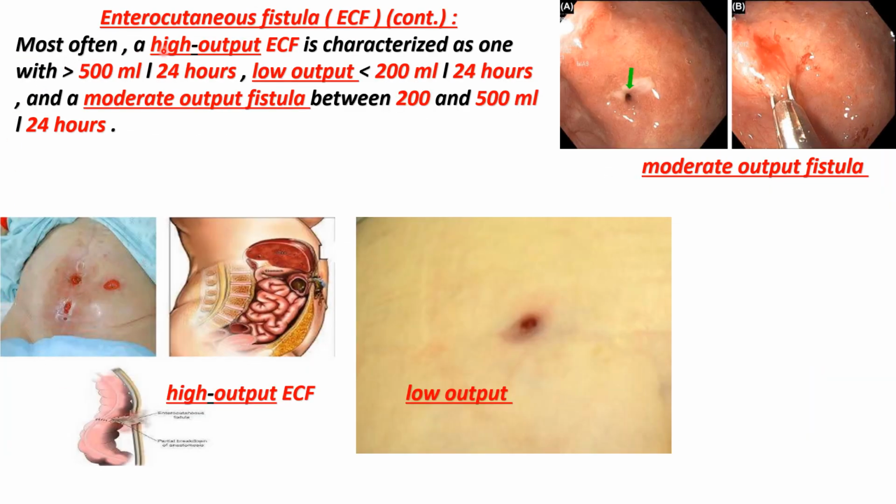Most often, a high output enterocutaneous fistula is characterized as one with more than 500 milliliters per 24 hours. Low output enterocutaneous fistula is less than 200 milliliters per 24 hours, and a moderate output fistula is between 200 and 500 milliliters per 24 hours.